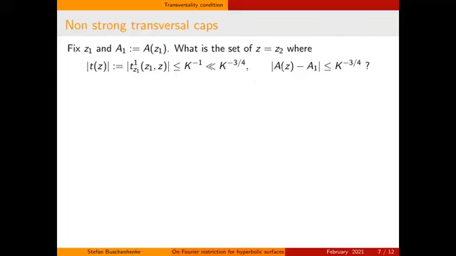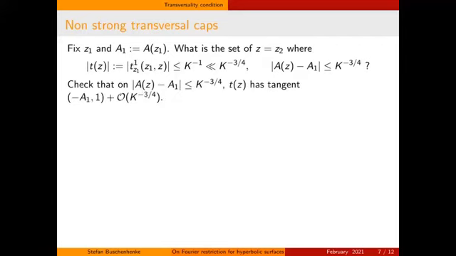And then we also know that A of Z differs from A1 also by at most k to the minus 3/4. And what one can easily check, since we have some explicit formula for T1 Z1, is that as long as we are on the set here, the tangent to the curve T at the point Z is basically this expression here up to an error k to the minus 3/4. So basically the curve goes in the same direction.